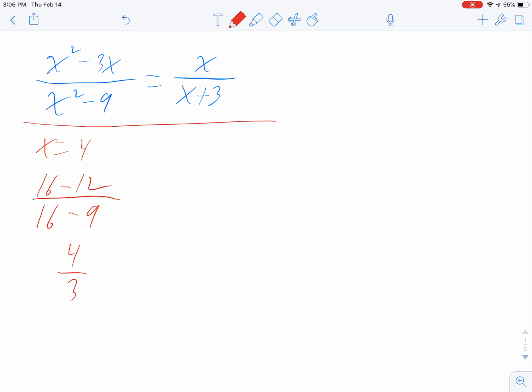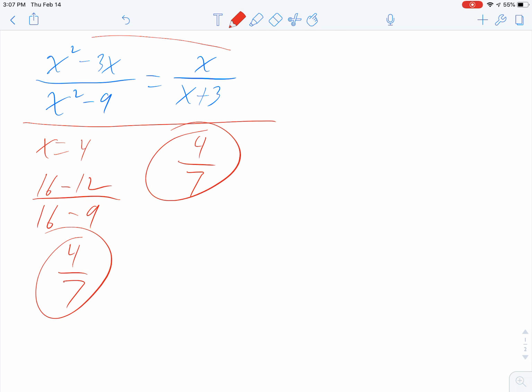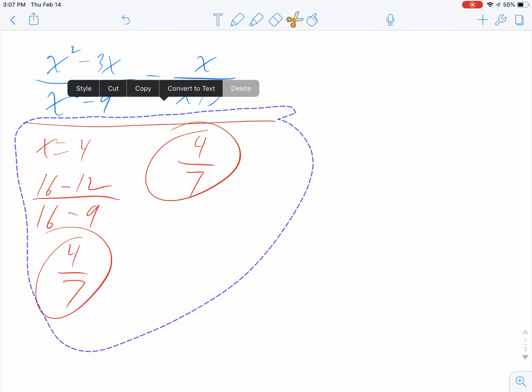And if I plug that 4 in over on the right side, I'd get 4 on the top, and 4 plus 3 is 7 on the bottom. And, oh, I knew something was wrong there. Going back over here, 16 minus 9 is actually 7. Sorry. So you notice that I get the same answer either way, which makes sense because I'm saying that these two things are equal.